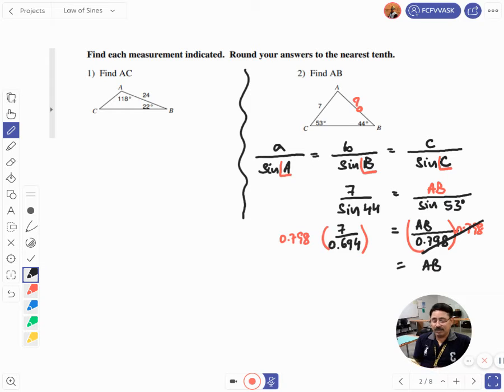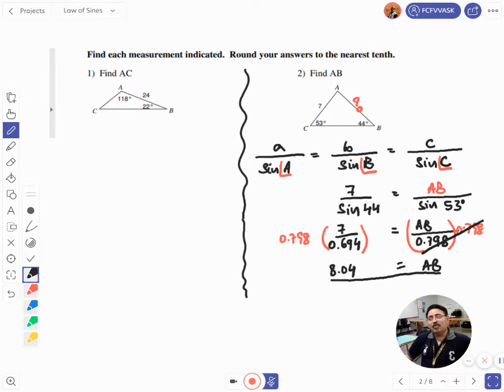The result is then multiplied by 0.798. That gives me 8.04. That's the length of AB. So just make use of the calculator.